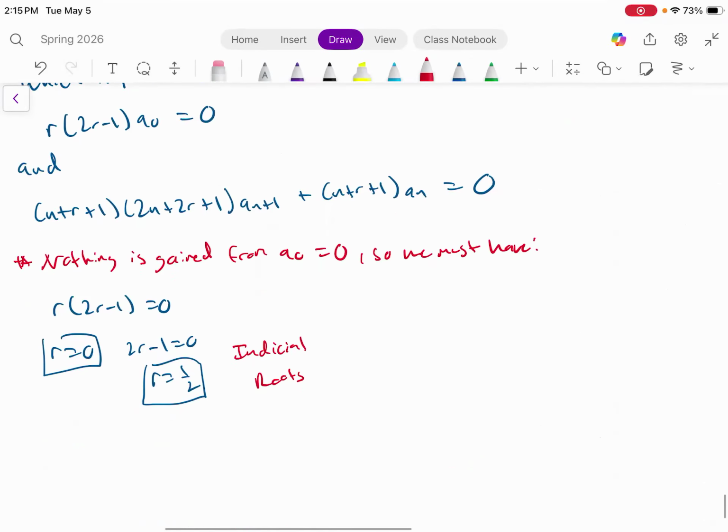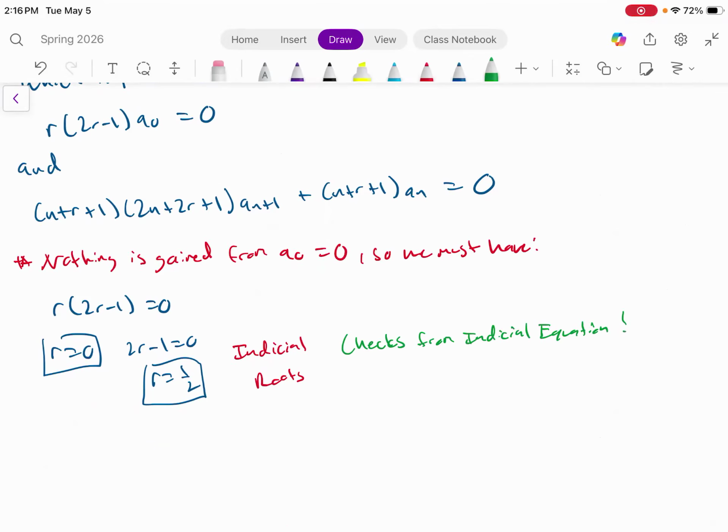So it actually checks out with the indicial equation. Great, that means we're on the right track. Everything looks good. No mistakes so far. So it's a good check, okay?